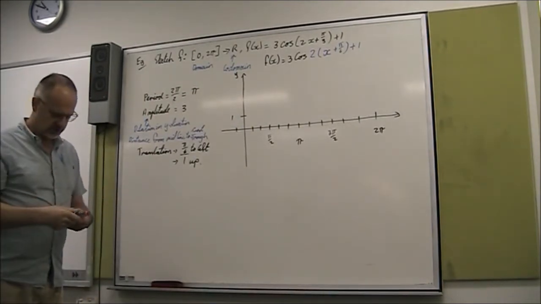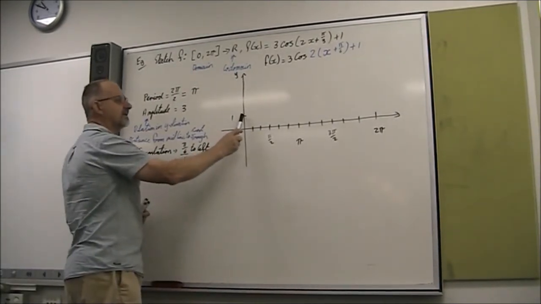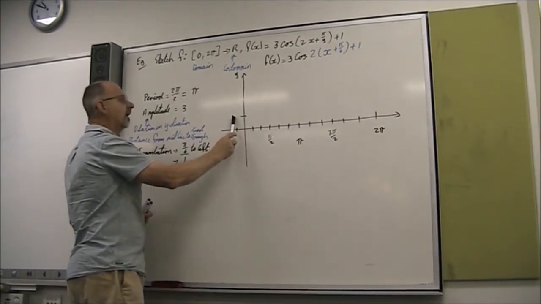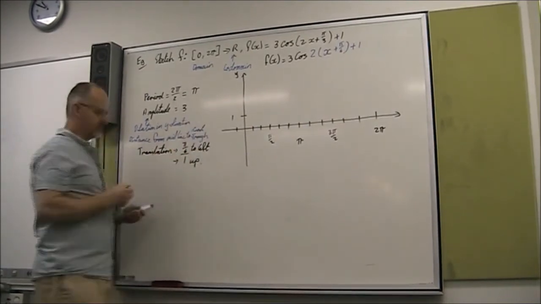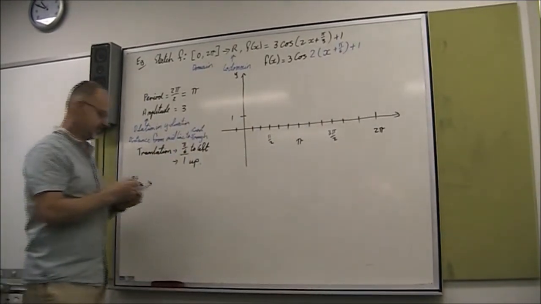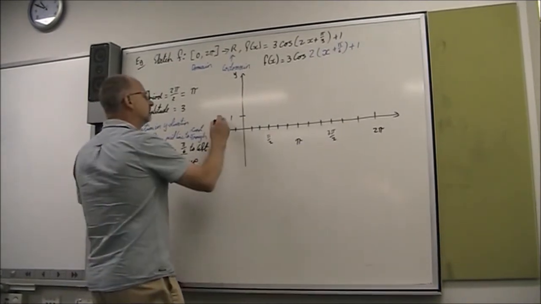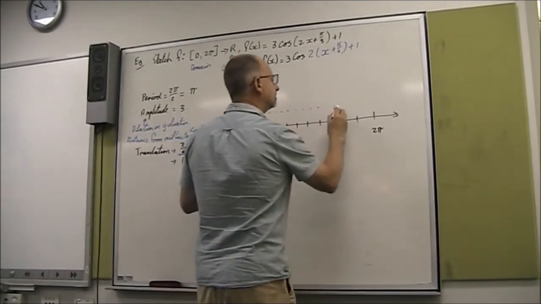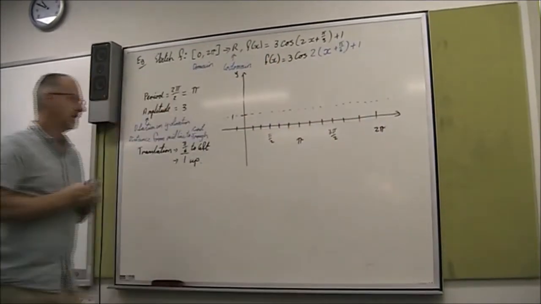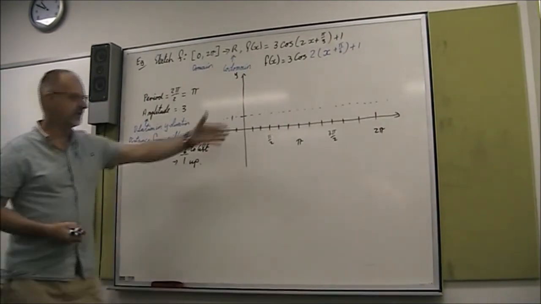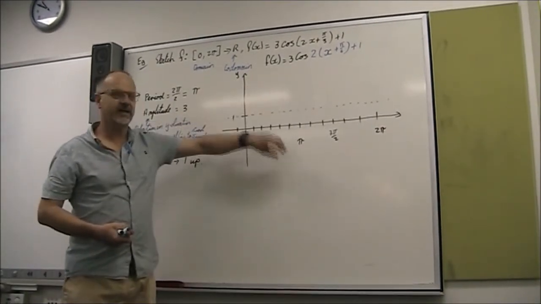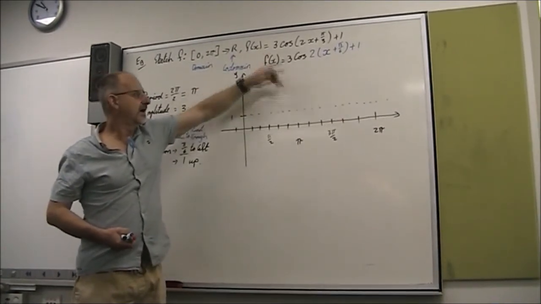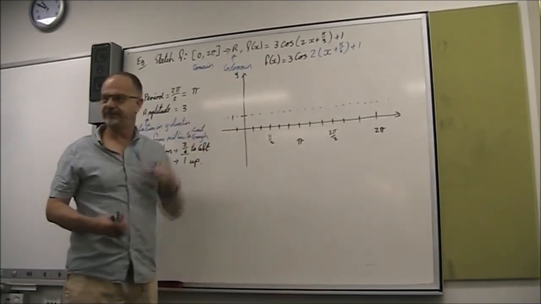So normally for a cos we're starting at 1, but we're moving to the left and then we're moving up 1, but our amplitude is 3. So what I like to do is this, I like to put in this midline. And say, okay, so rather than working around our x-axis, I'm now going to be working off my midline because I'm going 3 above it, 3 below it. Alright.